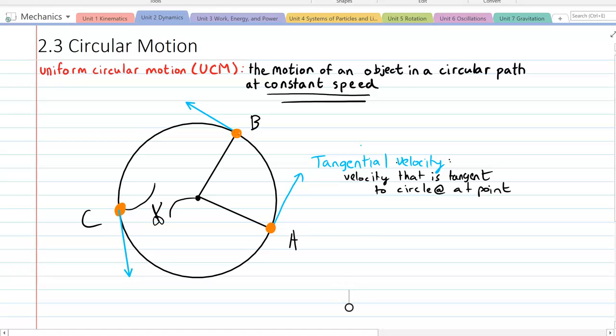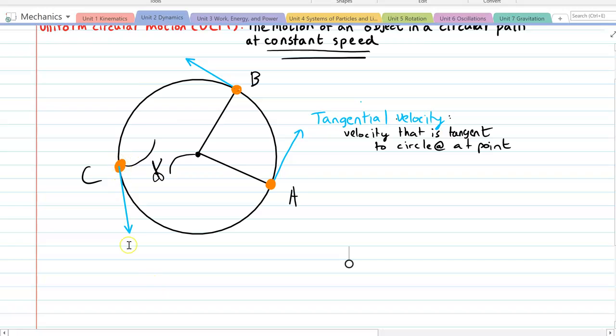It tells us the direction it's headed towards. So it tells us that it's going to be tangent to the circle. And just like a quick review, remember that tangent to the circle means basically perpendicular to this radius. So if there was a dotted line here, it would be perpendicular. So it wants to keep going this way. In other words, it's going to keep following this path, this trajectory.